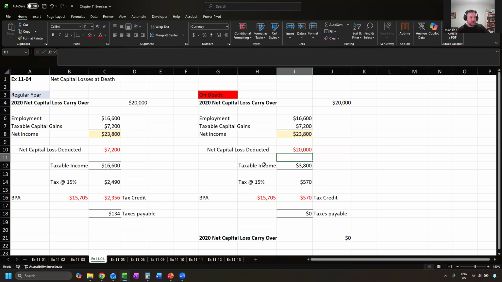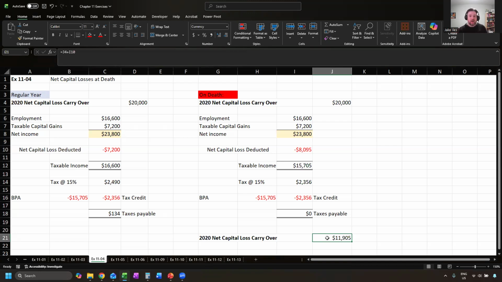We don't want to lose out on those credits. So maybe we only subtract 8,095. That will get our net income down to our taxable income of 15,705, which matches our basic personal amount. Now our tax calculation matches our tax credits. We don't owe any taxes, and we can take that just short of $12,000, 11,905, and carry that to the year before.